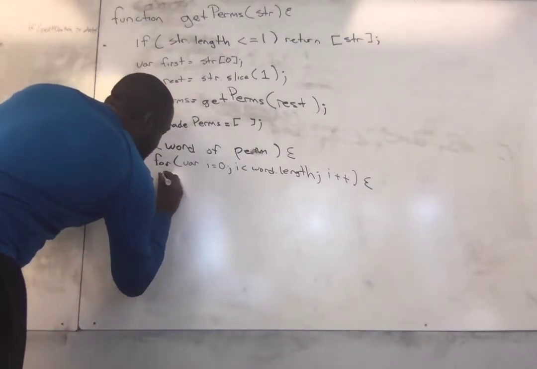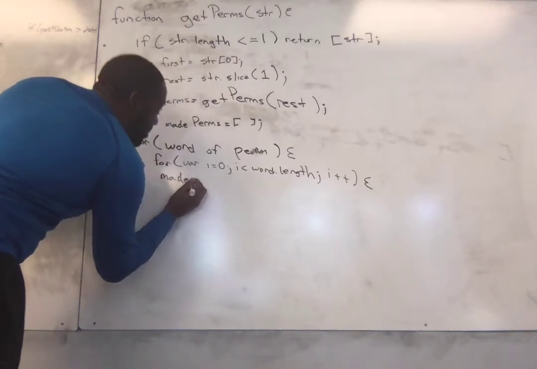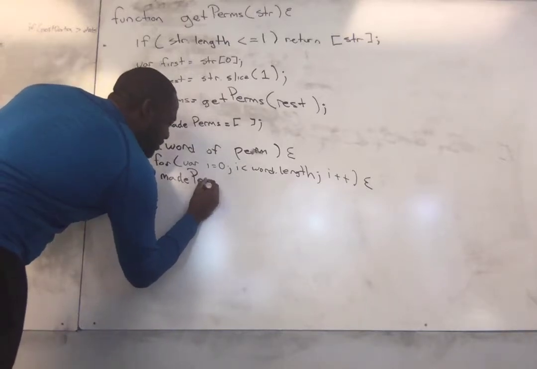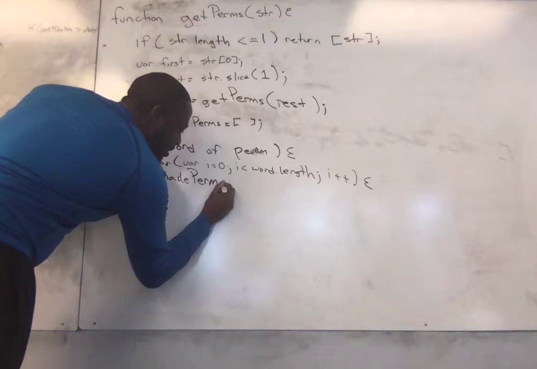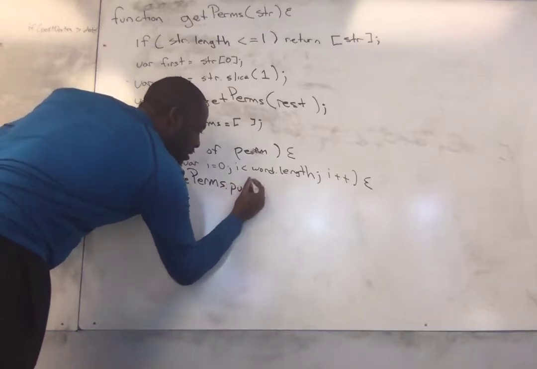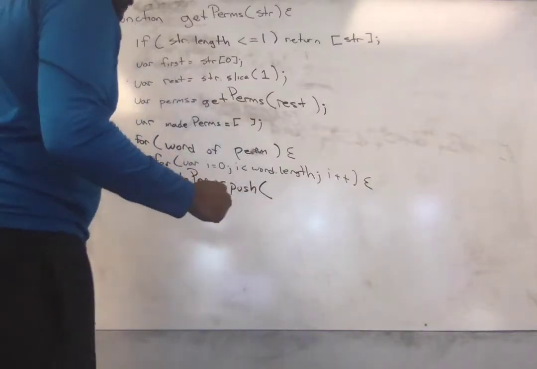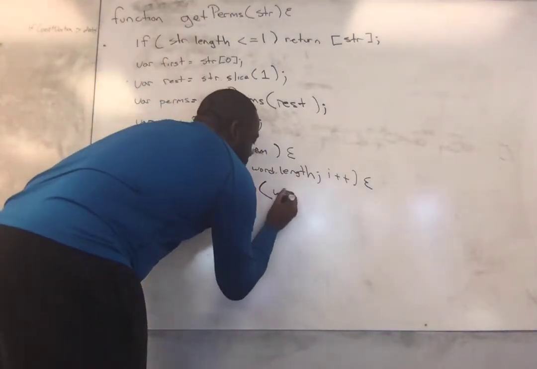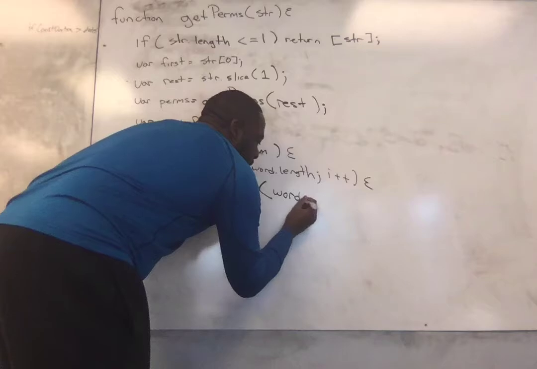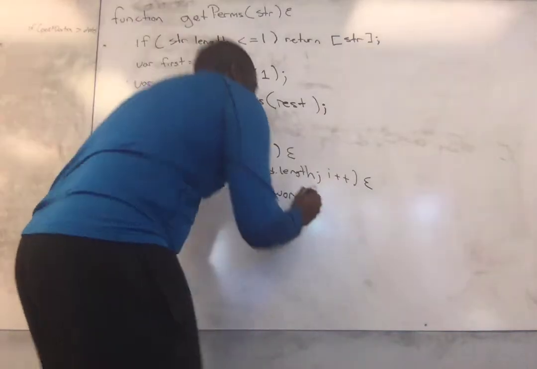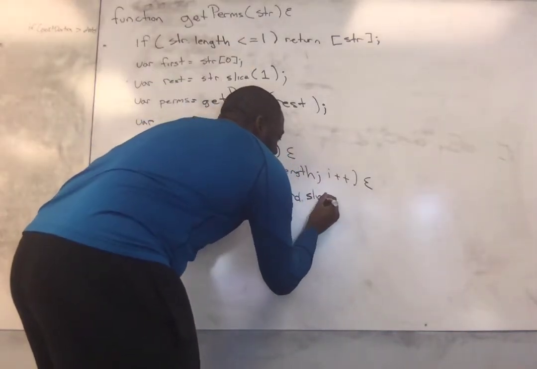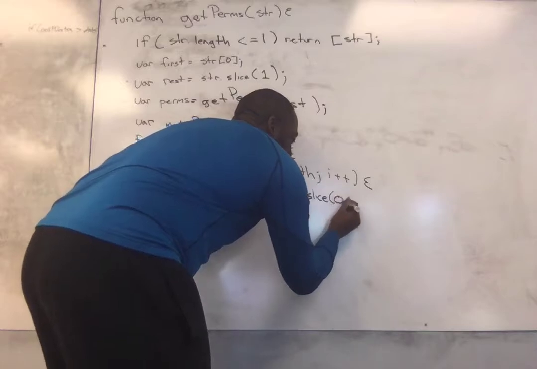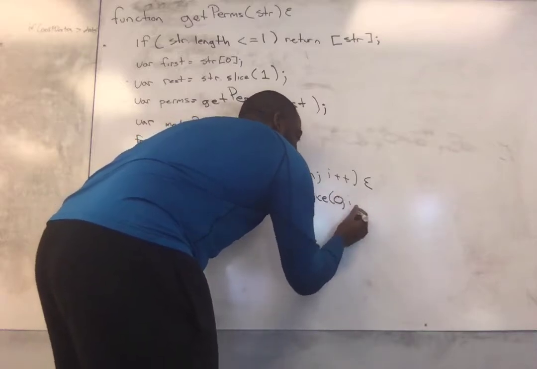We're going to say madePerms. So now we're going to start pushing it to the array, like I said earlier. madePerms.push. We're going to push into that array, and then we're going to say word.slice 0 up to i.